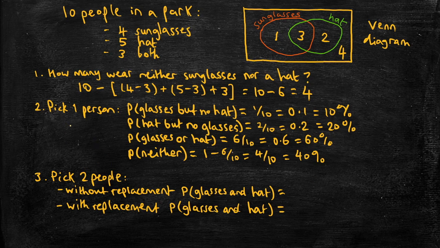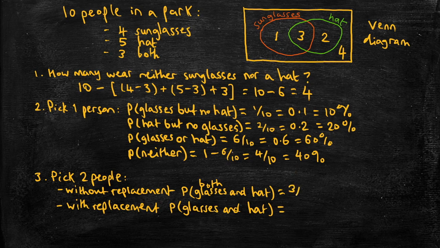How about instead of picking 1 person, we actually pick 2 people out of the 10 people in the park? And first of all, let's suppose we're picking without replacement, which means we're essentially picking the 2 people at the same time. What is the probability that both people have sunglasses and a hat on? So for the first person that we're picking, the probability that they've got both sunglasses and a hat on, that was the 3 people in the overlap.